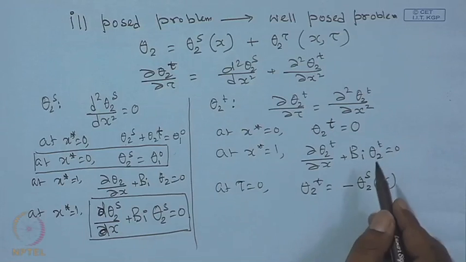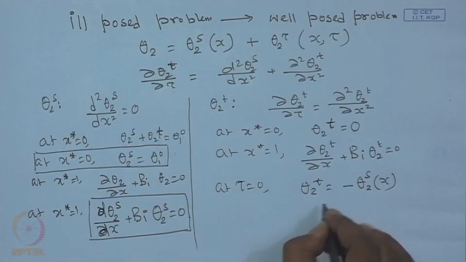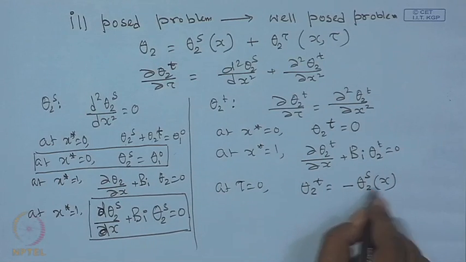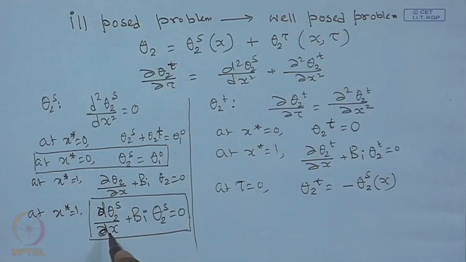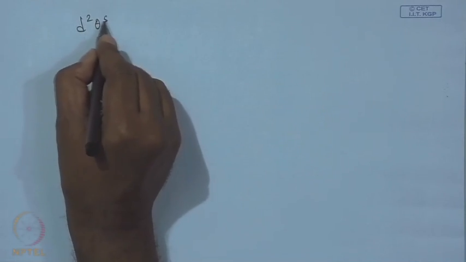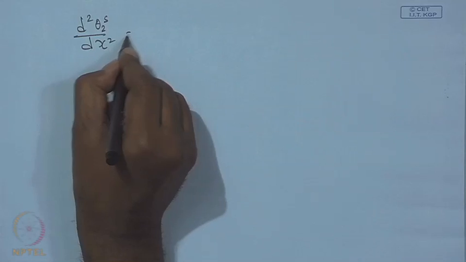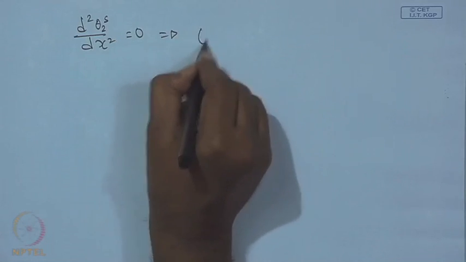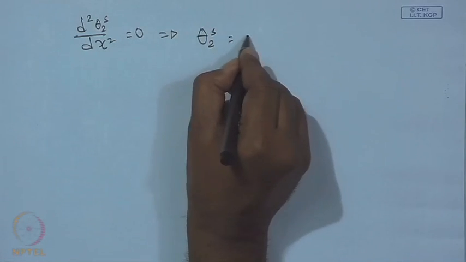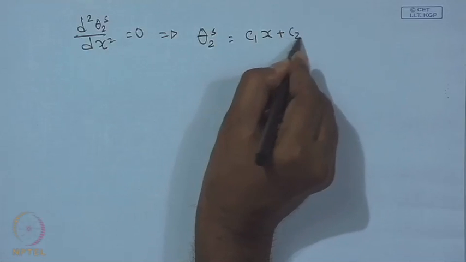Let us talk about the steady state solution first, then we will come back to the transient problem. So, d square theta 2 s d x square must be equal to 0. This has a solution theta 2 s is nothing but c 1 x plus c 2.